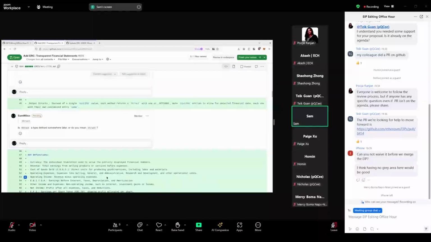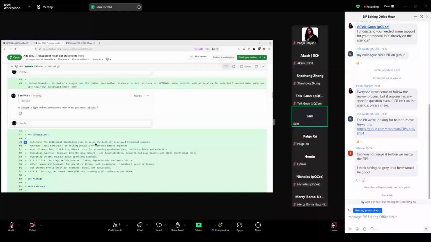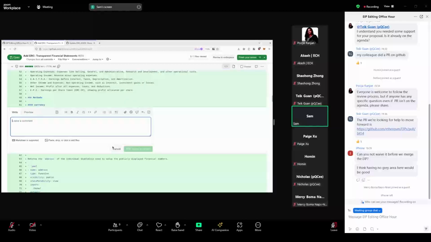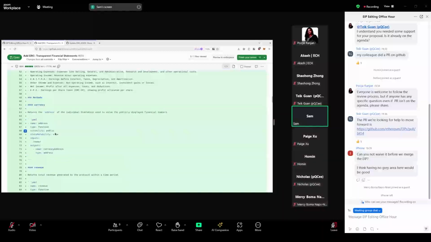Each one of the customers, individual stablecoin, total earnings from selling products and services, cost of goods sold. Okay, let's go and see. Returns the address of the individual stablecoin, the true value, the publicly displayed financials. Okay, that makes sense.